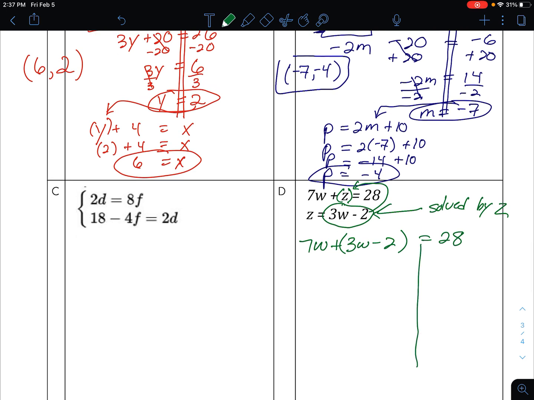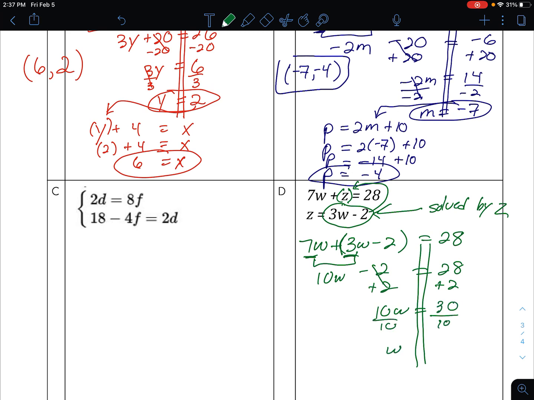Nice thing on this one is I don't have any distributive property. There's no number in front of the parentheses that I need to multiply, but I do have these like terms that I can add together. So 7w plus 3w would be 10w minus 2 is equal to 28. Adding 2 to both sides, 10w is equal to 30. And then dividing by 10, w is equal to 3.